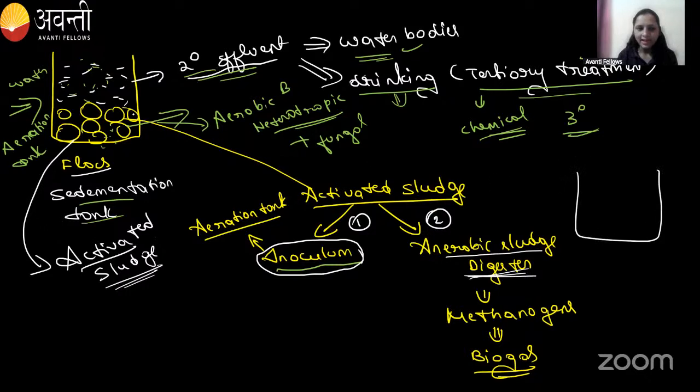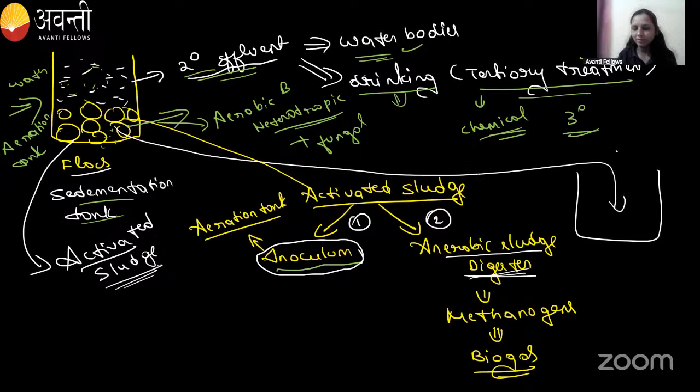See here, this activated sludge, we are taking that into the anaerobic digester. Here all the anaerobic bacteria are waiting: come, come, I will break all this aerobic bacteria along with the fungus. It will break all the things present here and convert them into gases.